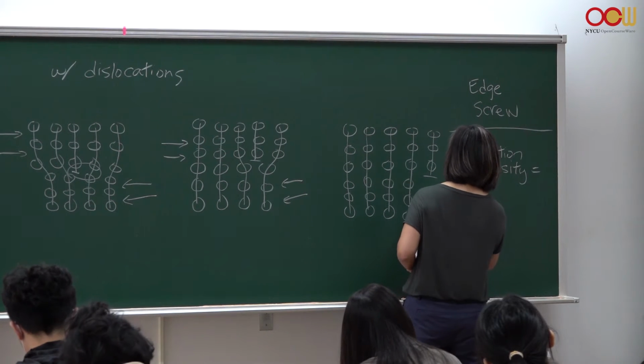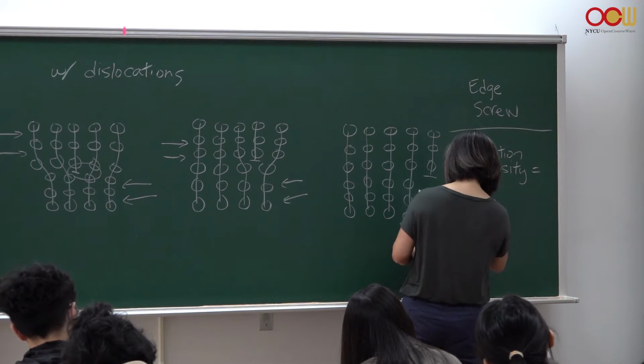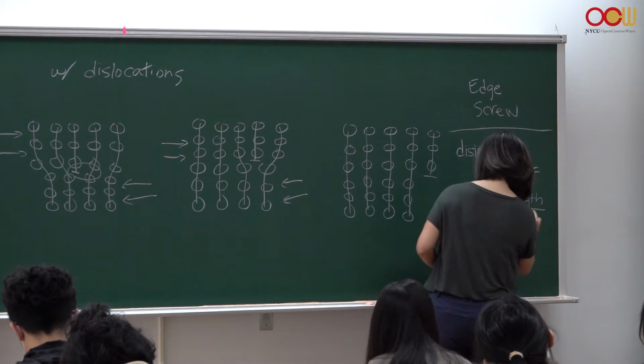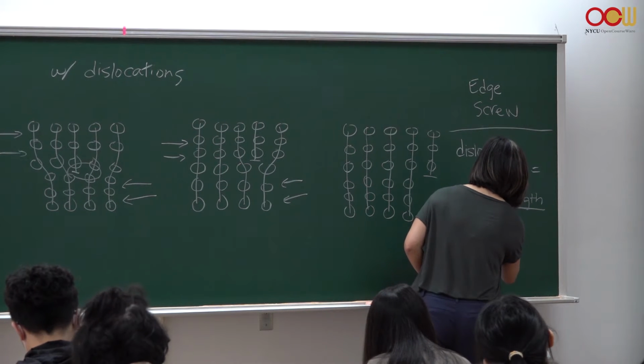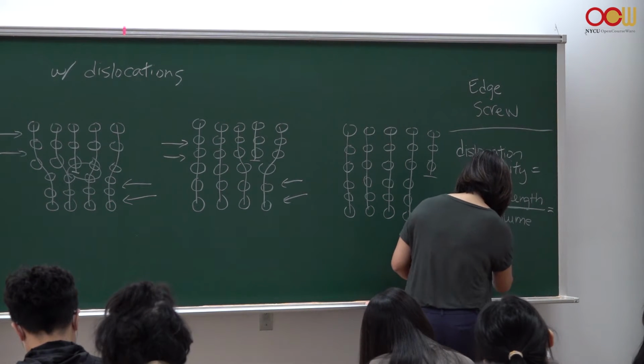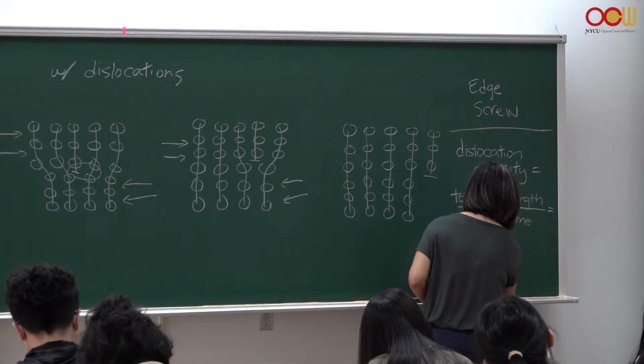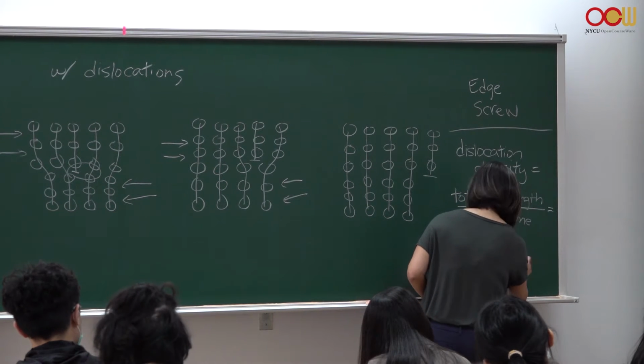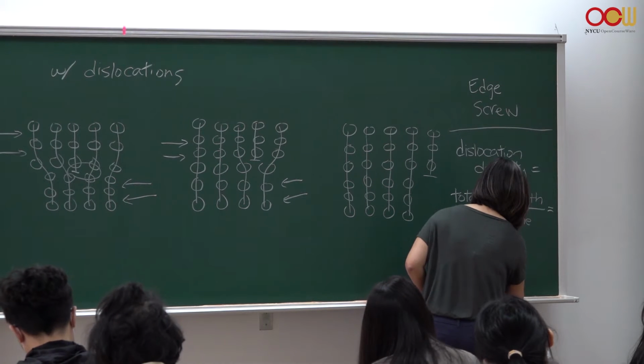It's total dislocation length divided by volume, which is also equal to the number of dislocations per area.